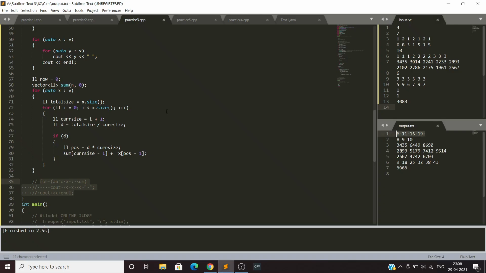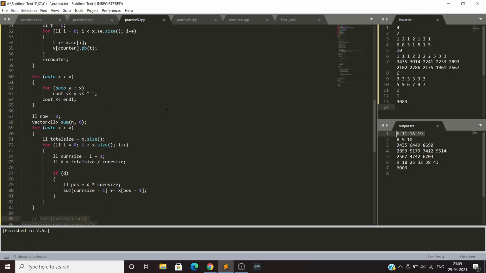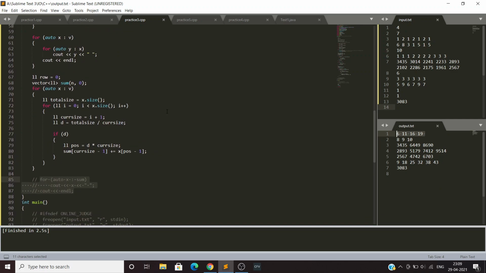So after doing all this prefix sum, we are just putting the values in their corresponding indexes. So this is the answer array.